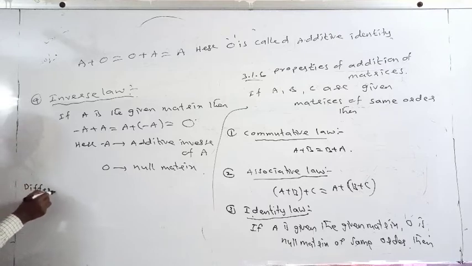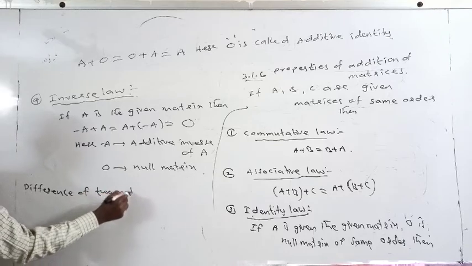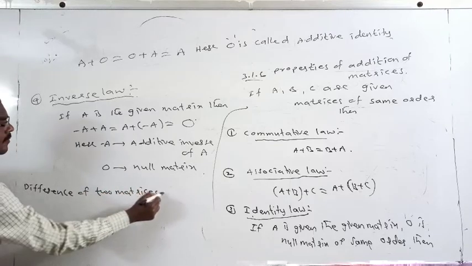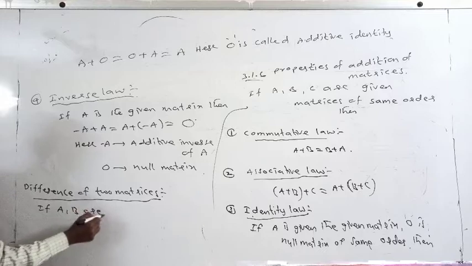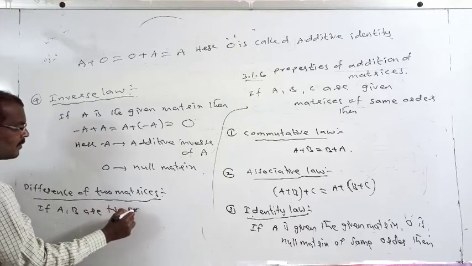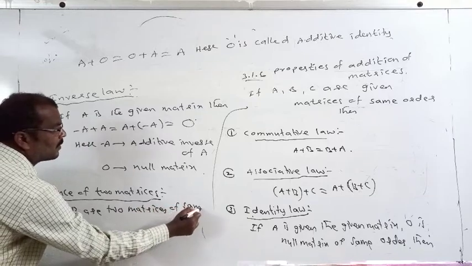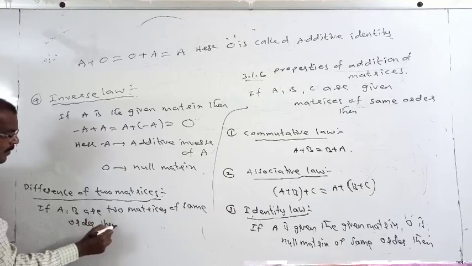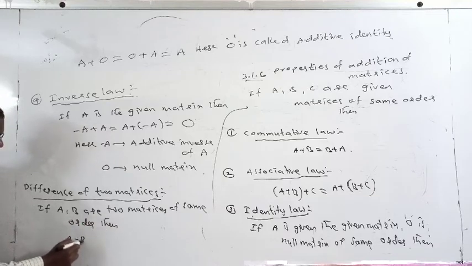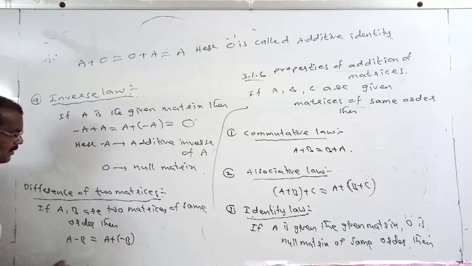So, difference of two matrices. If A, B are two matrices of the same order, then A minus B is taken as A plus (minus B).